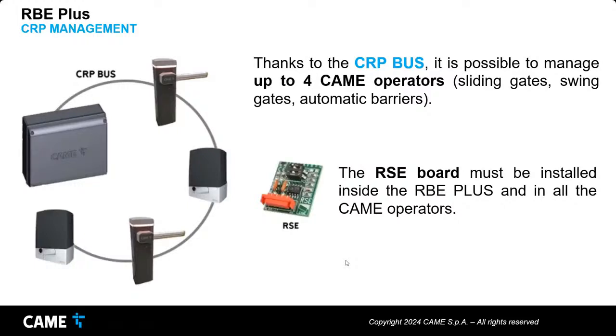So the RSE must be present in all these CAME automations in order to communicate with each other. That's all. So up to 4 automations can be connected via the CRP bus.